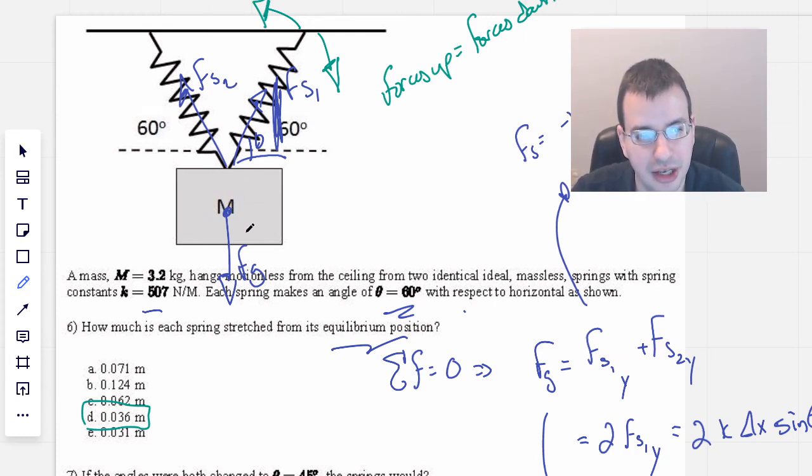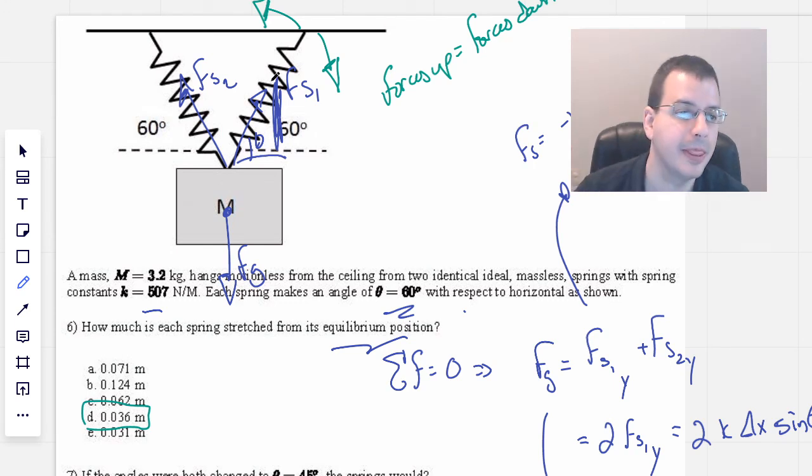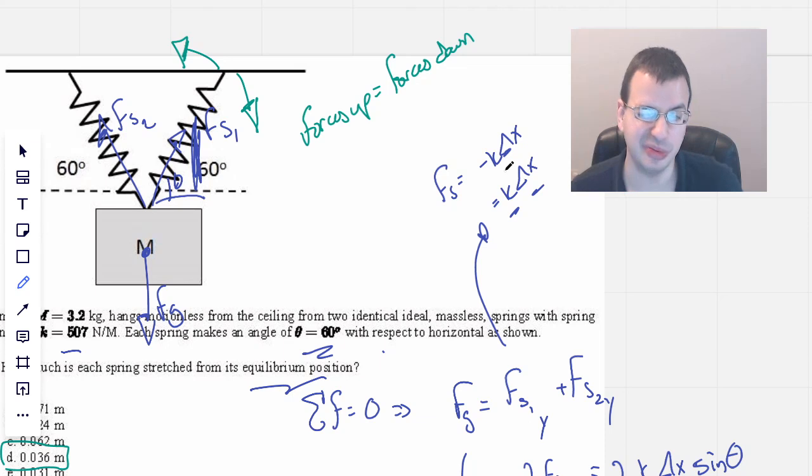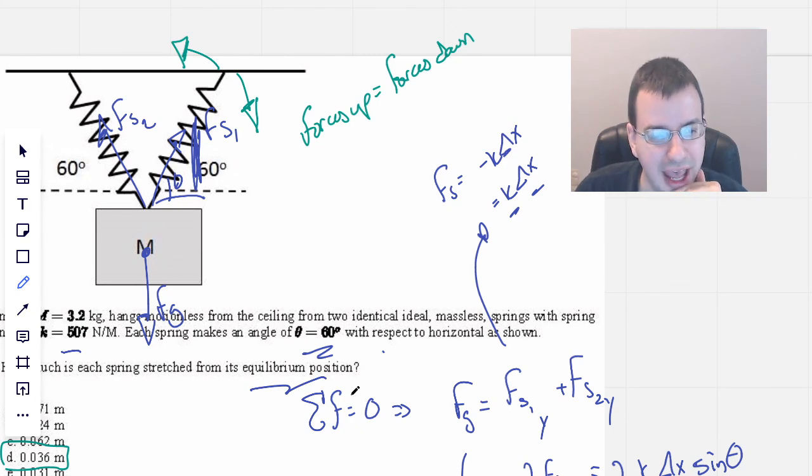Therefore we set the force of gravity equal to the force of the springs. We can only use a portion of the spring force because it's a vector at an angle. And the force due to the spring is a spring constant times its deviation from the equilibrium position. Put all that together, do some algebra, and we get an answer.